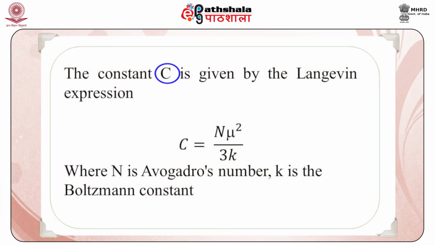The constant C is given by the Langevin expression C = Nμ²/3k, where N is the Avogadro's number, k is the Boltzmann constant. It may be noted that if magnetic susceptibility obeys the Curie's law, then magnetic moment is independent of temperature.